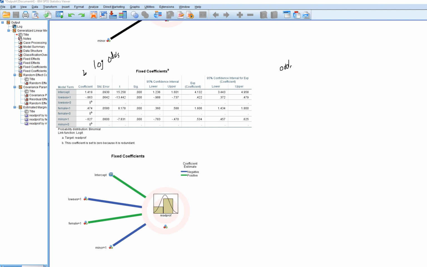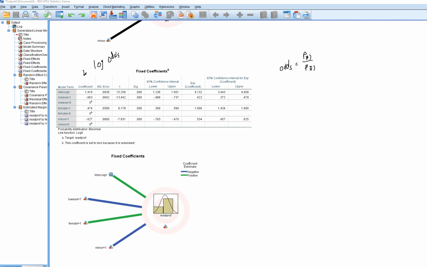With odds, you can think about it as a ratio of probabilities: the probability of falling into group A as opposed to the probability of falling into group B, assuming these are two mutually exclusive outcomes. You can see the ratio right here.